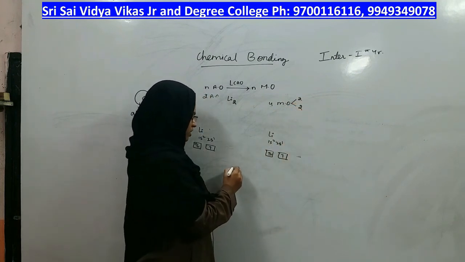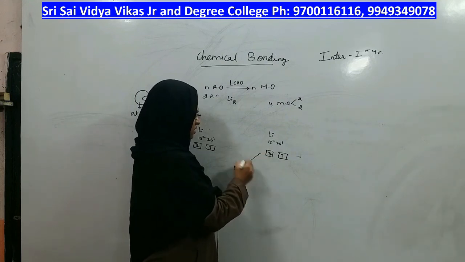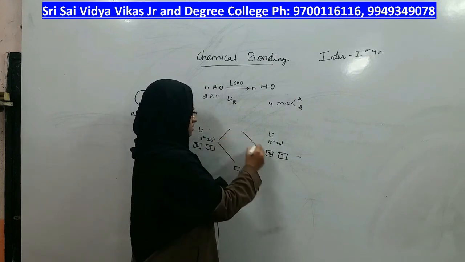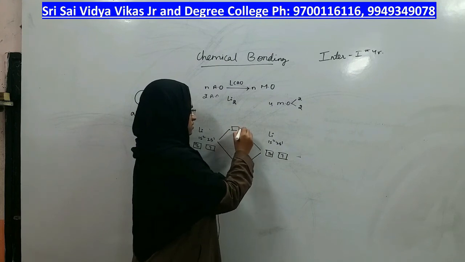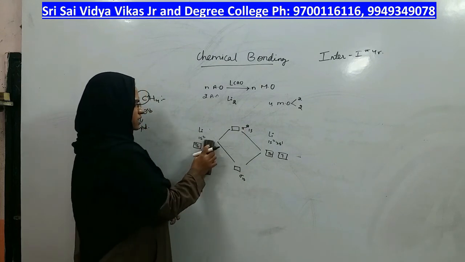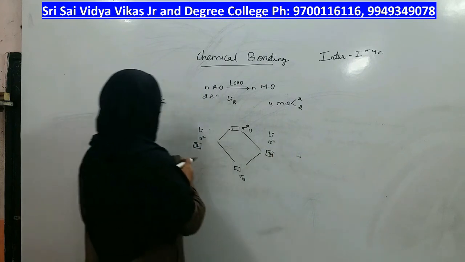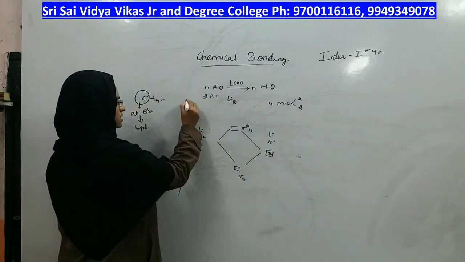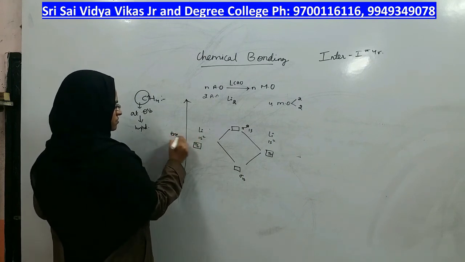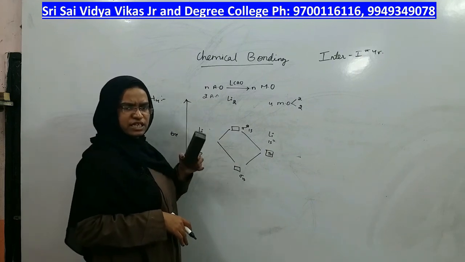Where will the bonding molecular orbital go? Sigma 1s, sigma star 1s. And remember that we are taking this electronic configuration based on energy. So the lower energy atomic orbital is 1s. The 1s and 2s of lithium cannot be the same.